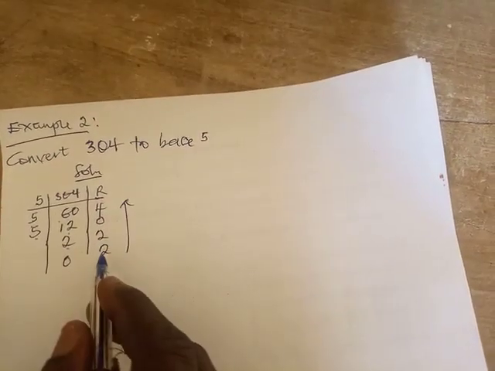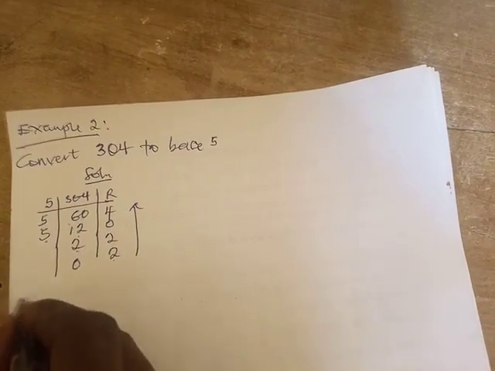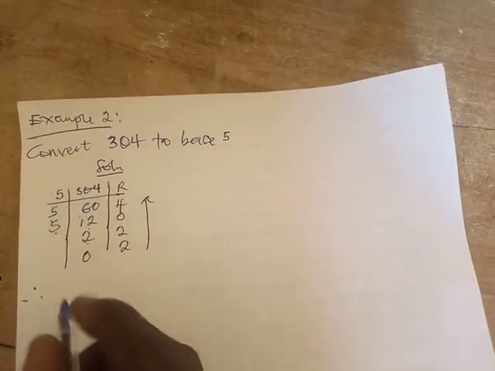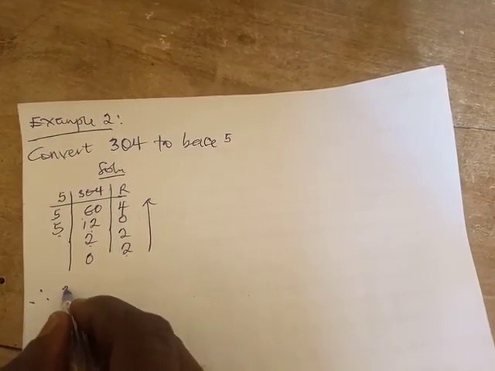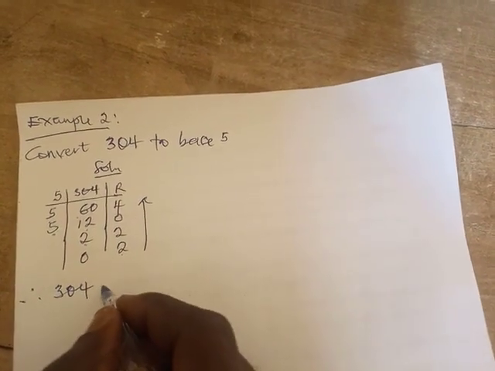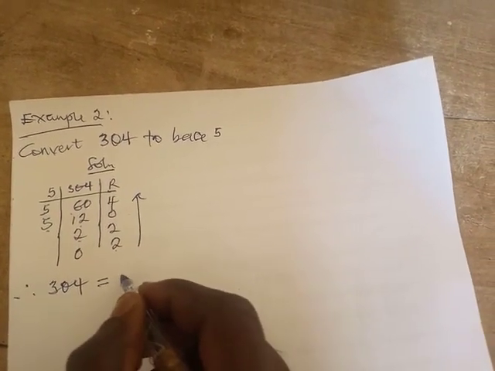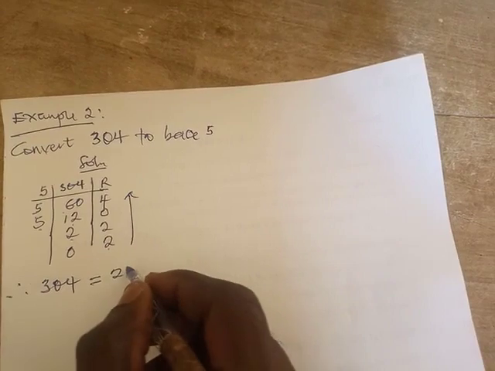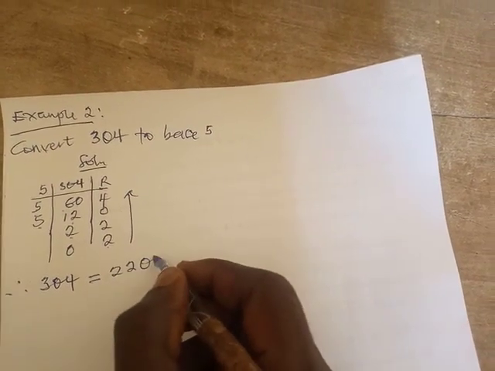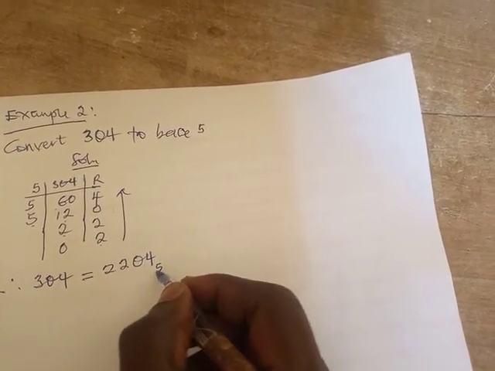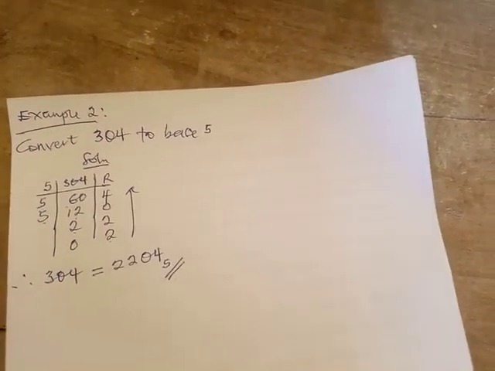So we are going to build the answer from the bottom to the top. So therefore 304 is equal to 2204 base 5. This is your final answer.